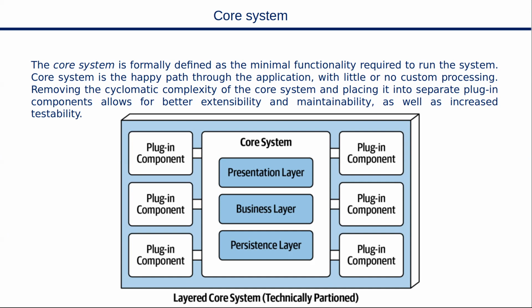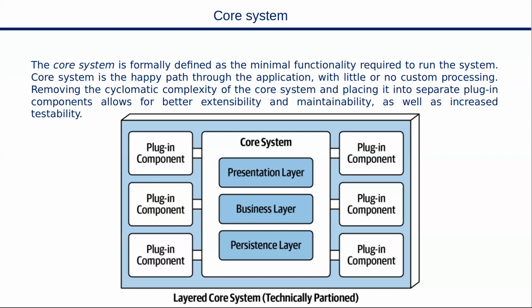What will it provide us, what kind of opportunities will it give? First, it will bring us better extensibility and better maintainability, and also increased testability. Keep this in mind when you choose one of the architectural styles. It depends on the quality attributes, on the architectural characteristics.